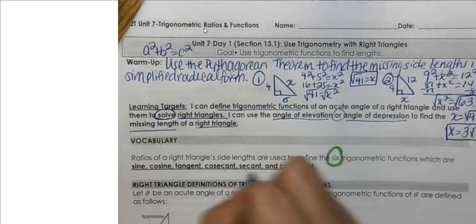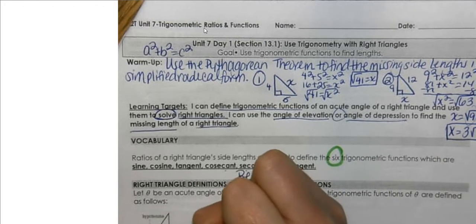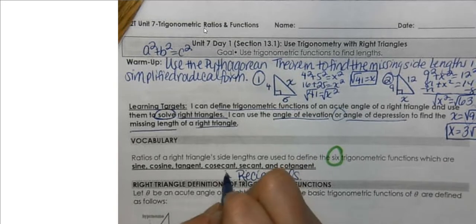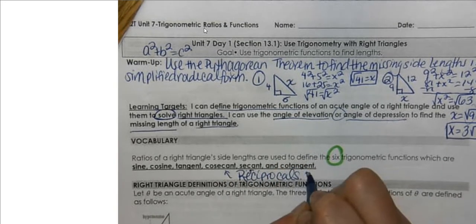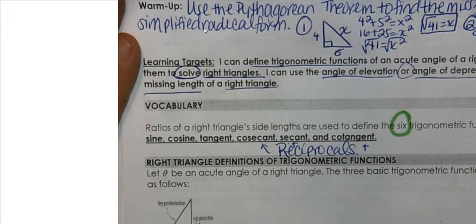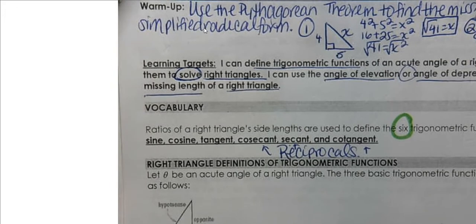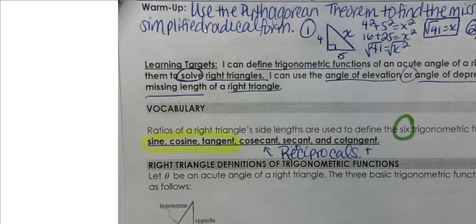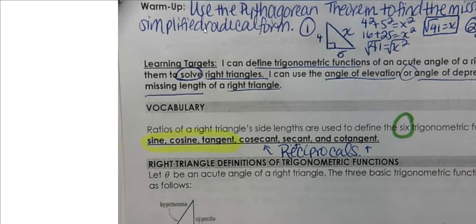Cosecant, secant, and cotangent are the reciprocals of sine, cosine, and tangent, respectively. This is something that we are going to be learning about in the next couple of lessons, but for right now, we are just going to be focusing on sine, cosine, and tangent for this lesson. But eventually, we will be talking about those.